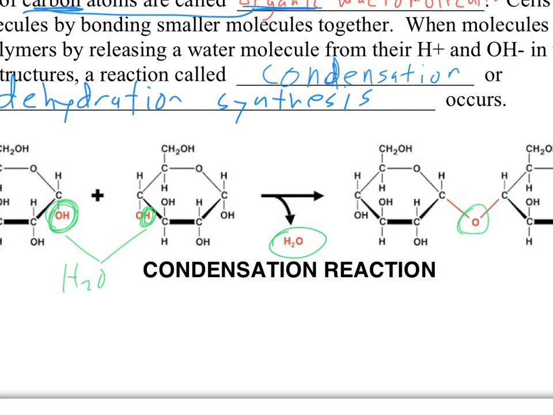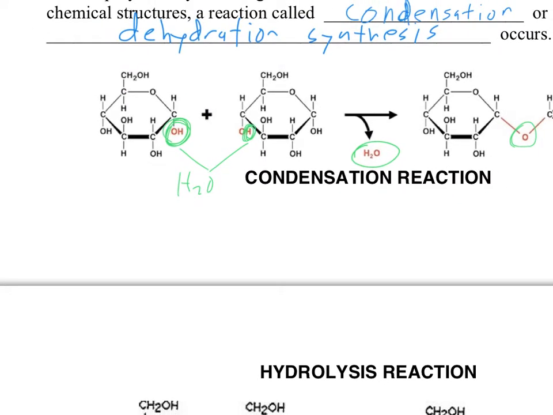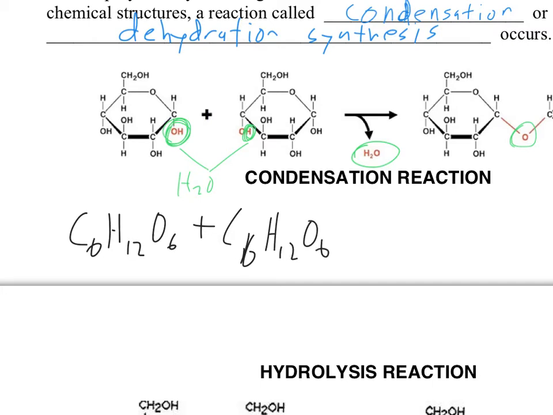So let's do an example of this. Let's say I've got, so these two, this is two disaccharides. So let's say I've got C6H12O6 plus C6H12O6, right? What do we know is going to come out? A water molecule, right?